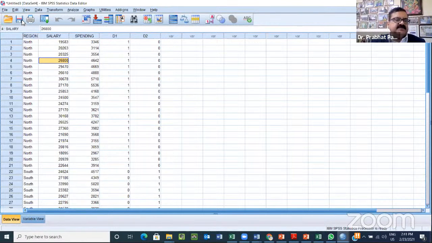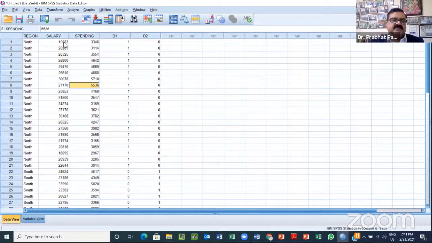One way to look at the regression here is that we do the regression between salary and spending, and we say, okay, is there any pattern, like if the government spending on the school is very high, and the salary is also high, so probably we can do correlation, we can do regression and see what is the impact of spending on salary.